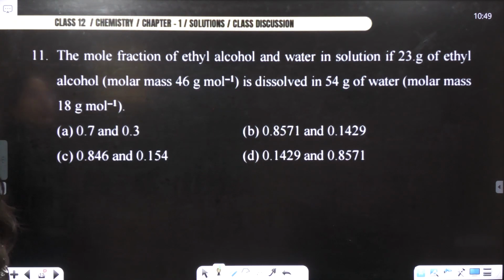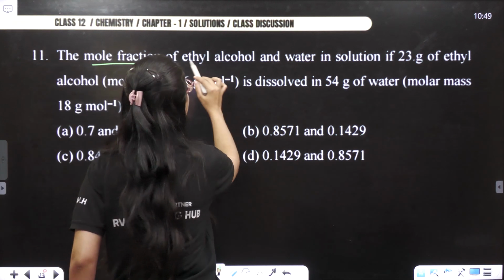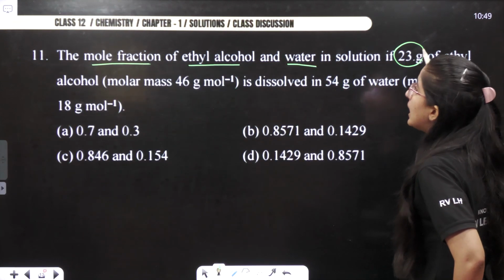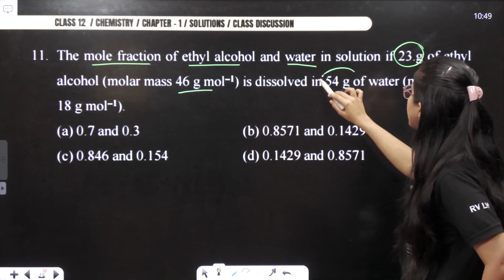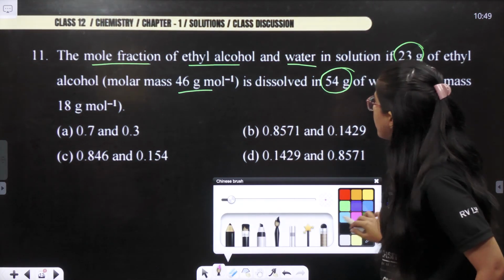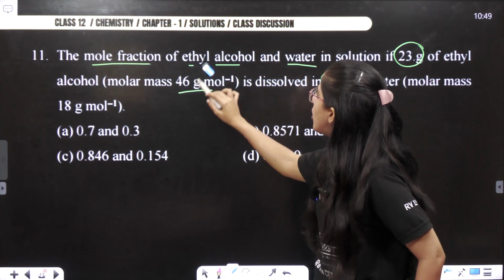Next question. The mole fraction of ethyl alcohol and water in solution. They are asking mole fraction of what? Ethyl alcohol and water in solution. If 23 gram of ethyl alcohol of molar mass 46 is dissolved in 54 grams of water of molar mass 18. So clearly they are talking about your mole fraction. Mole fraction of your ethyl alcohol would be what?